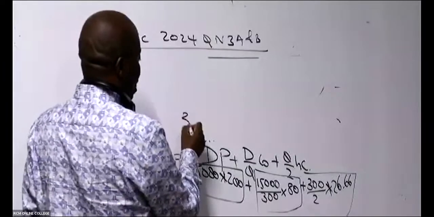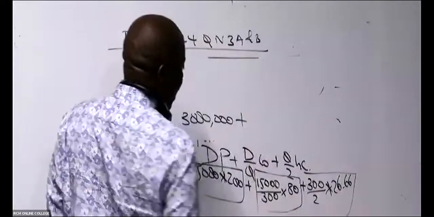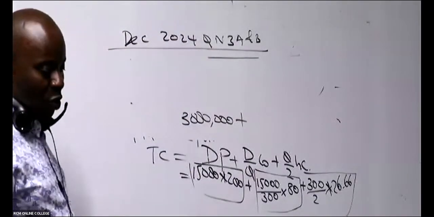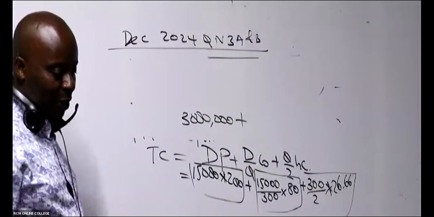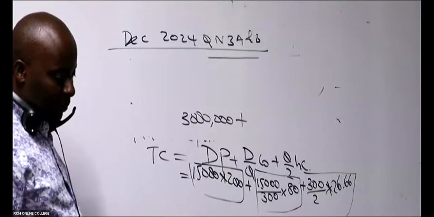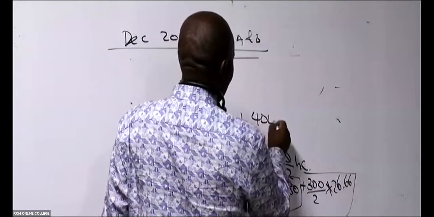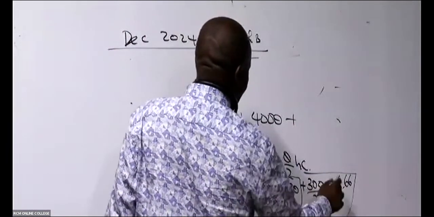Maggie tells me that the first one is 3 million. Plus the second one. Is there somebody able to give us the second one? I'm being told 4,000. Plus, how about this one here?